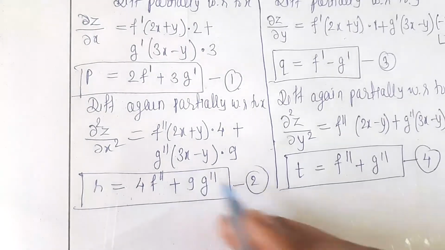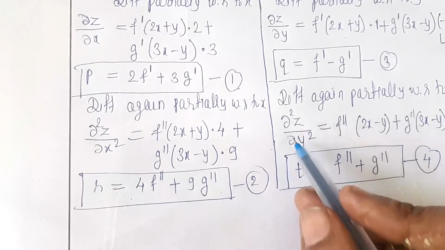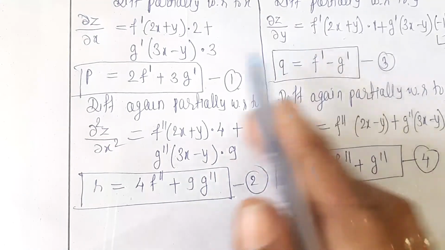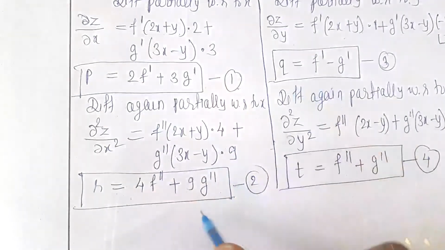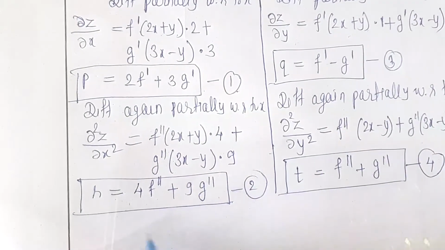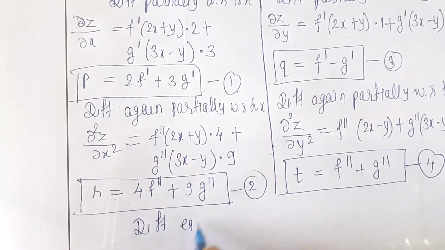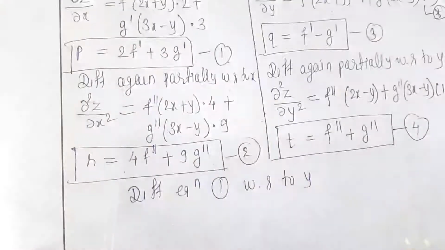So we try to find one more thing. We can differentiate del z by del y with respect to x, or del z by del x with respect to y. You can find it in any way. So I am differentiating equation 1 with respect to y, not with respect to x.